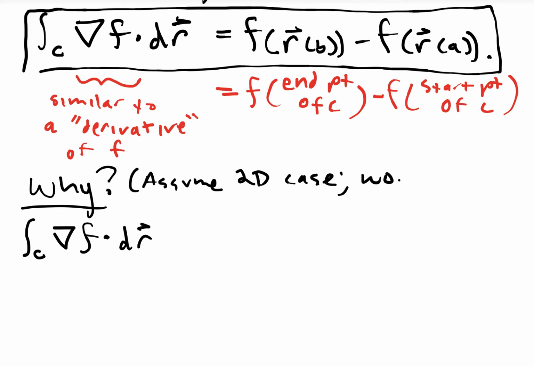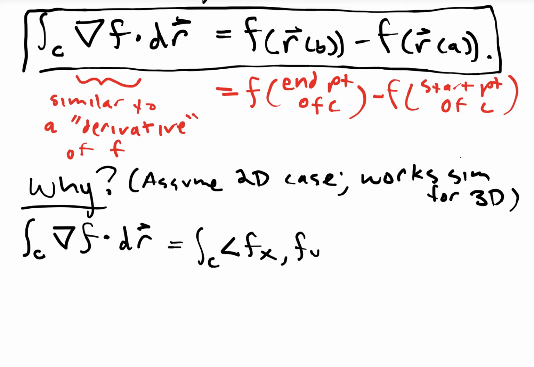Just note that it works similarly in my 3D case if I did need to do that. What I'm really looking at in my 2D case is this: what is my gradient? Well, the gradient is just a vector where you took both of your partials and shoved them in a vector.